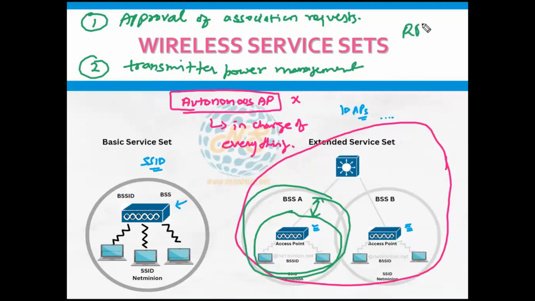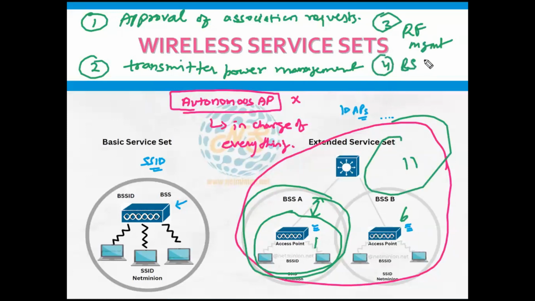Then radio frequency management, like it should be in channel number 1, channel number 6, and if you are applying some more, channel number 11, like that. Your RF management needs to be done by the AP itself. And whatever your basic service set requires, whatever management is required, you need to do individually on every single AP.